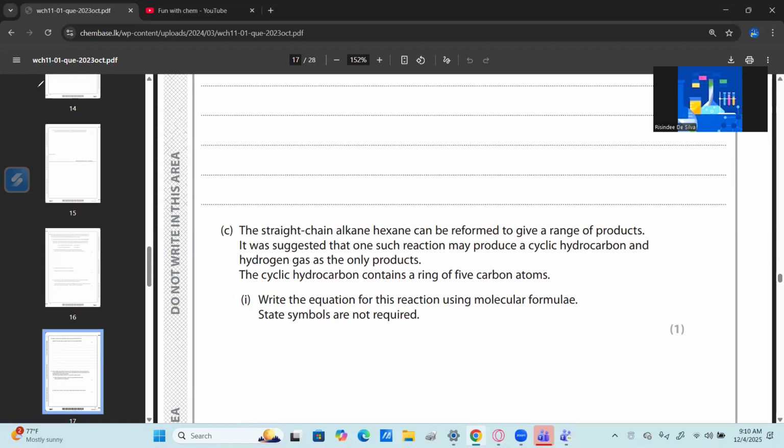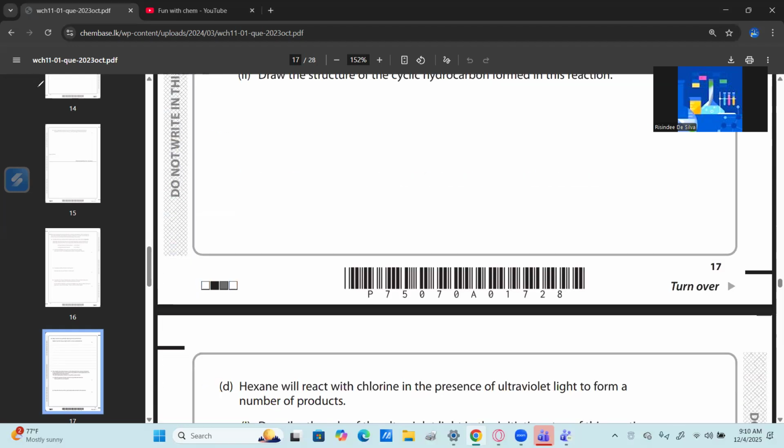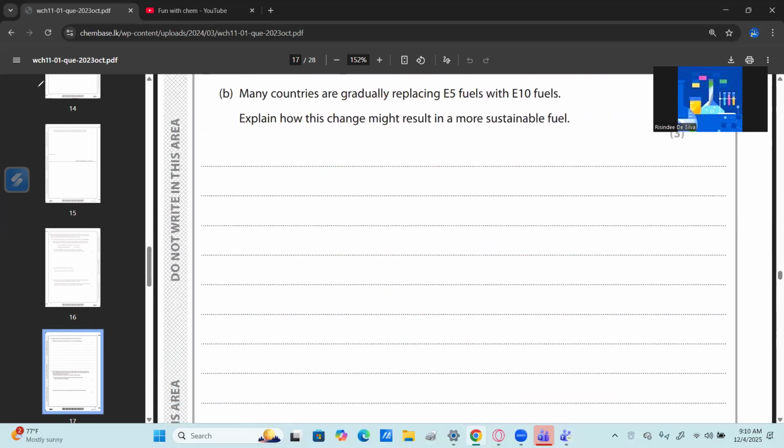Less pollution from sulfur impurities. So the idea you have to mention that they have increased the percentage of ethanol, and ethanol can be regenerated, and also it's a bioethanol. So it reduces the emissions of carbon dioxide, right? Reduces global warming. Those things you can write.